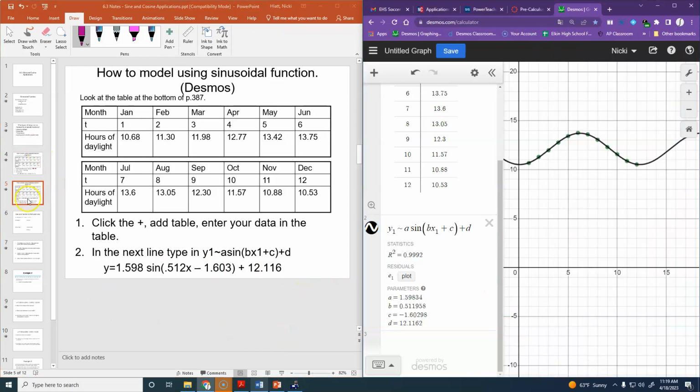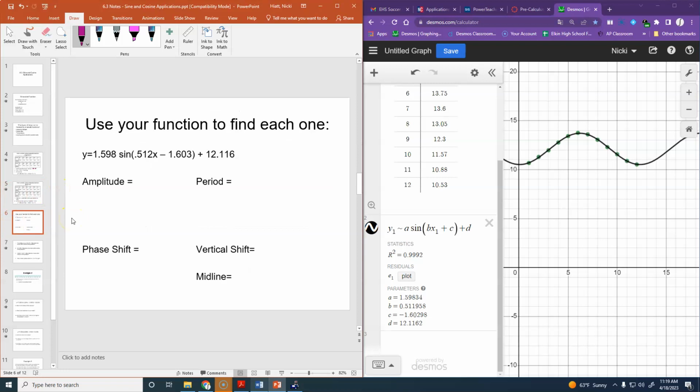All right, so let's talk about using this to answer some questions. As far as amplitude, period, phase shift, vertical shift, midline, all of that, it's just the same rules as what we were doing before. Your numbers are just uglier. So if I want to know the amplitude for this, it's going to be 1.598.